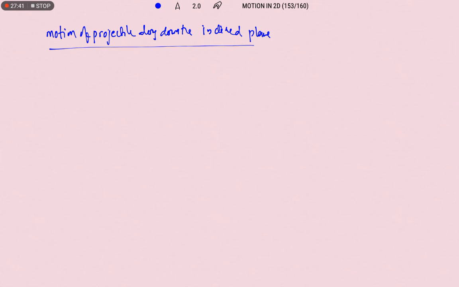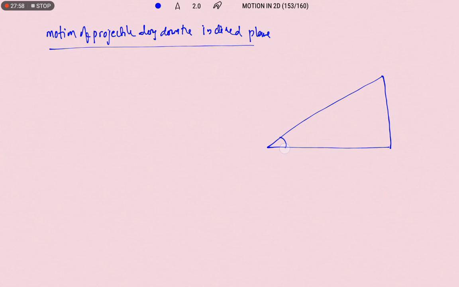When it is projected down the inclined plane, the values we already derived, so we just need to change the plus and minus signs here.